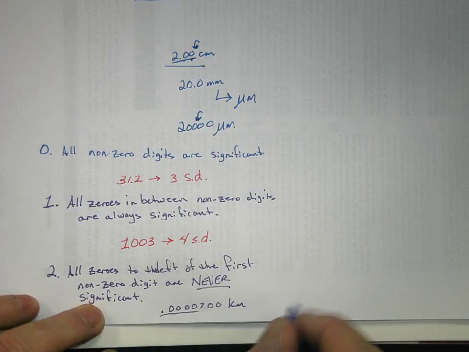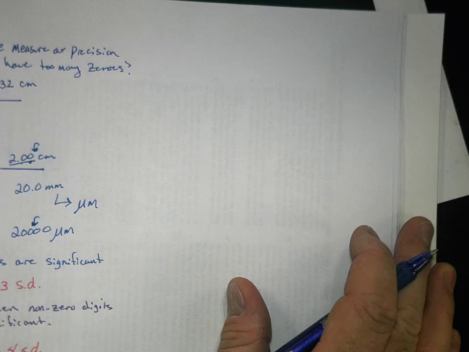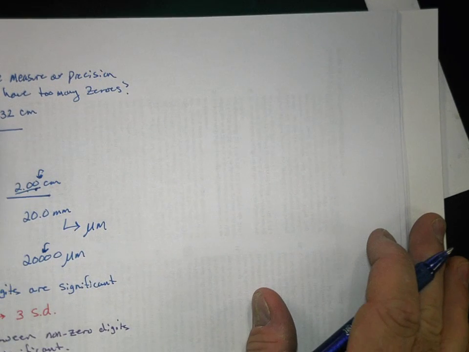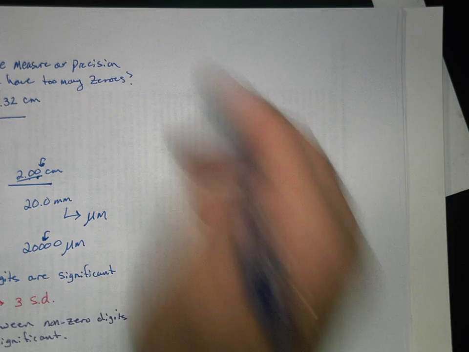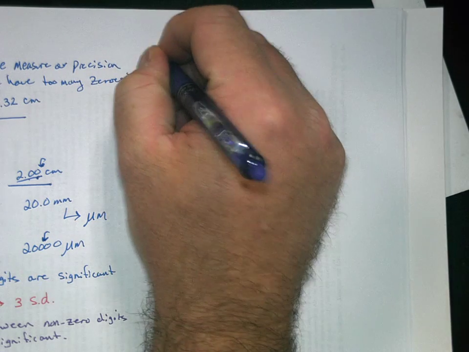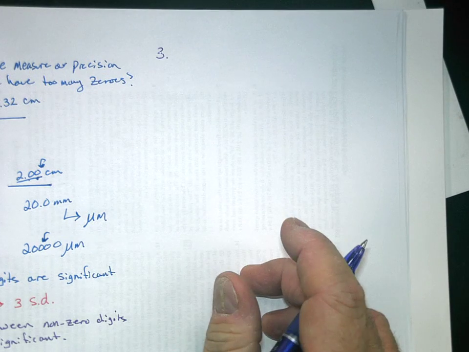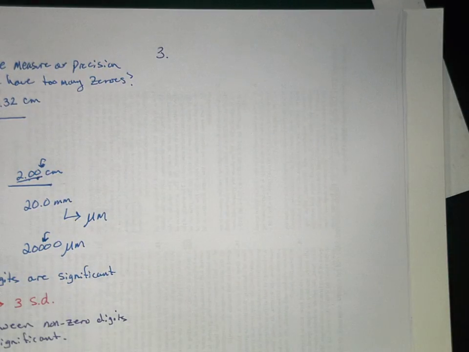Now, rule number 3. Yeah. 0, 1, 2, and 3. I wrote the 0, 1 because it's kind of obvious. Okay, number 3.